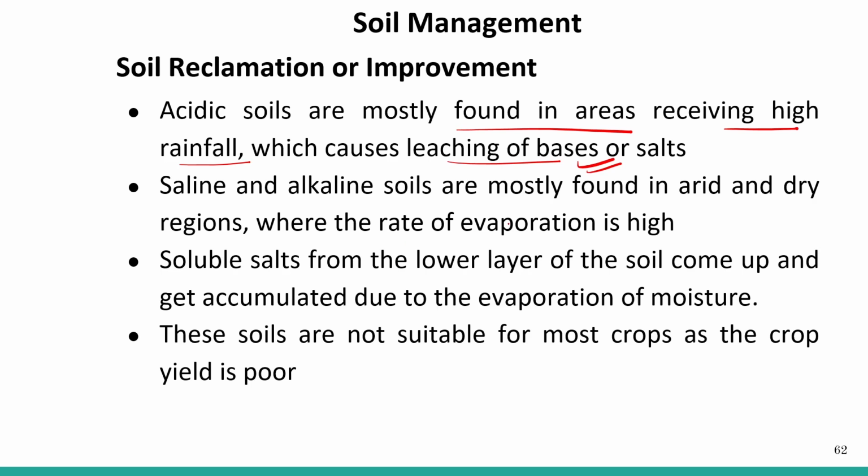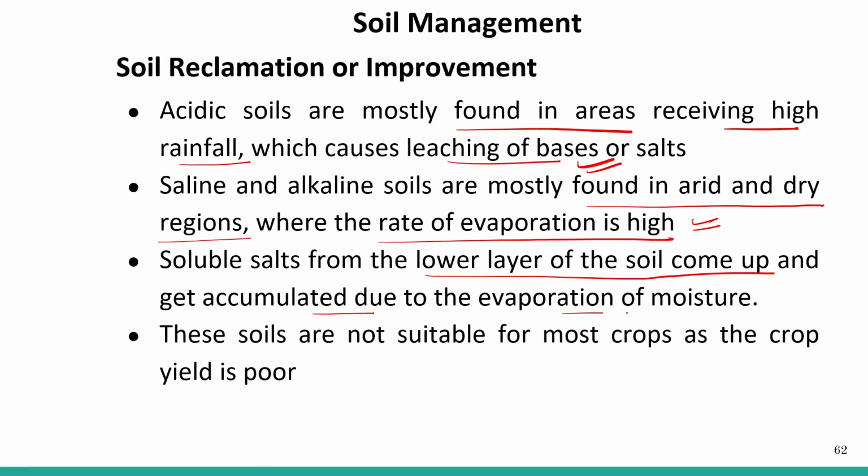Saline and alkaline soils are mostly found in arid and dry regions where the rate of evaporation is quite high. The soluble salts from the lower layer of the soil come up and get accumulated due to the evaporation of moisture. So these soils are not suitable for most crops, or crop yield is poor.